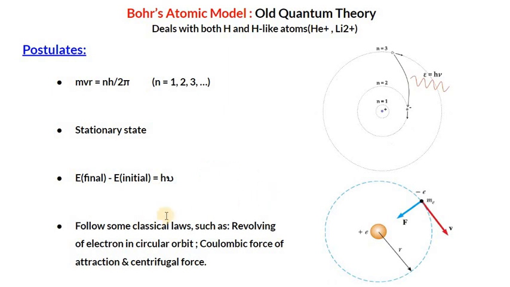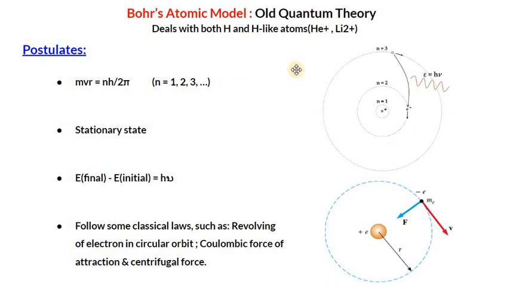Remember one more thing: the electron can jump from the third to the second orbit, but it cannot stay in between these states. That's why Bohr's theory is quantized; each orbit is quantized. So what does the word quantized mean? Here it is not energy but the stationary states, or the different orbits. Each orbit has a particular amount of energy, and electrons will be present in those orbits.